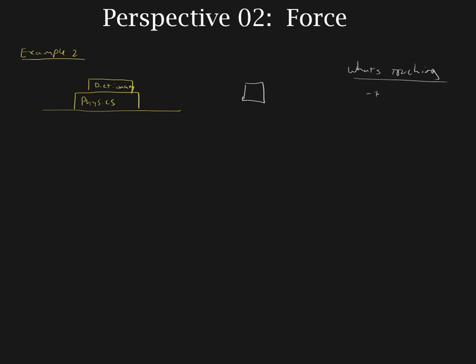We have the table, and then we have the dictionary. Then I'm going to ask, how many forces can exist? And when I say how many forces, I mean all the forces. All the forces that can exist.